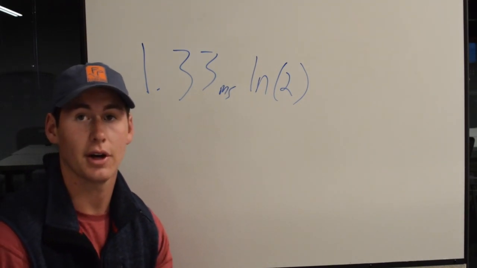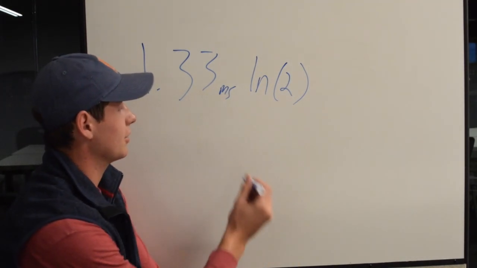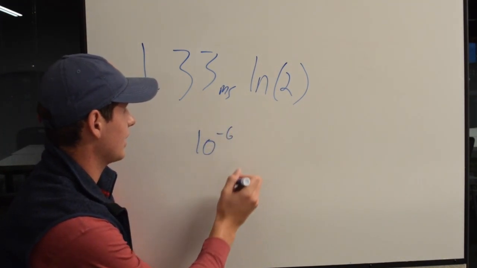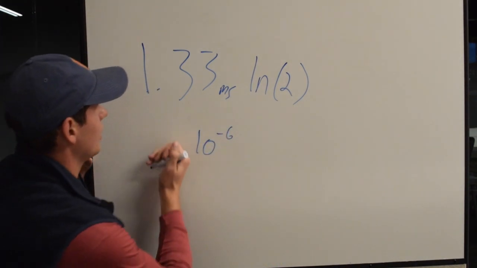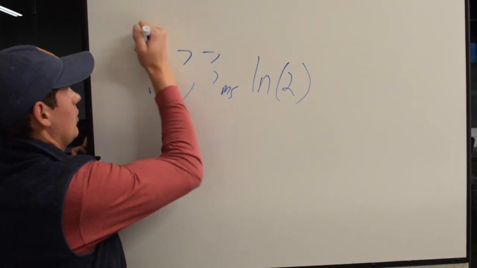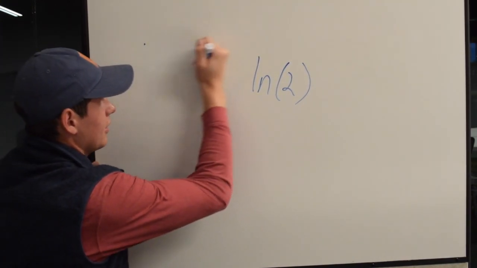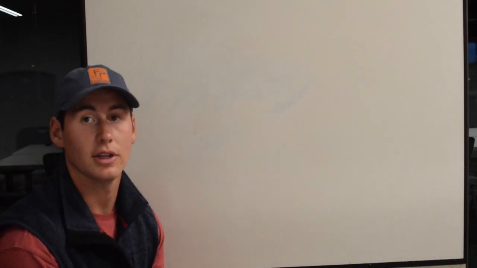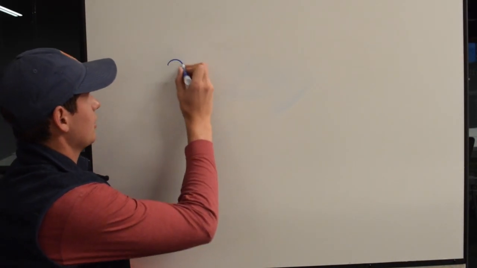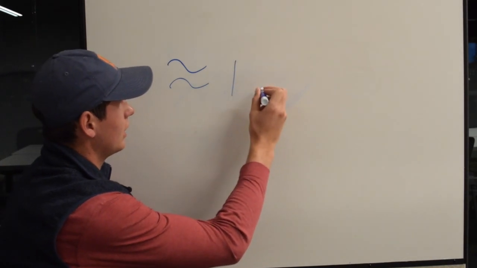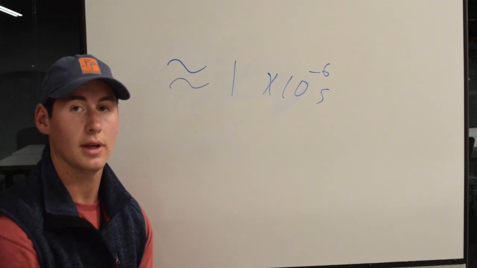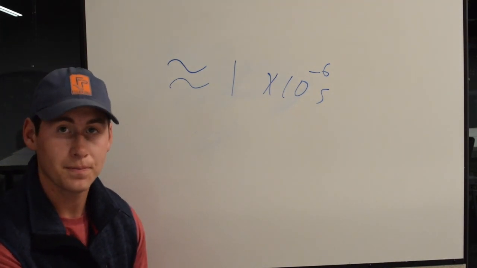However, we are able to disregard this since a microsecond is a magnitude of 10 to the negative 6. So, we can finalize that the decay time or half-life of a muon at any elevation is approximately 1 times 10 to the negative 6 seconds. This being our first goal.